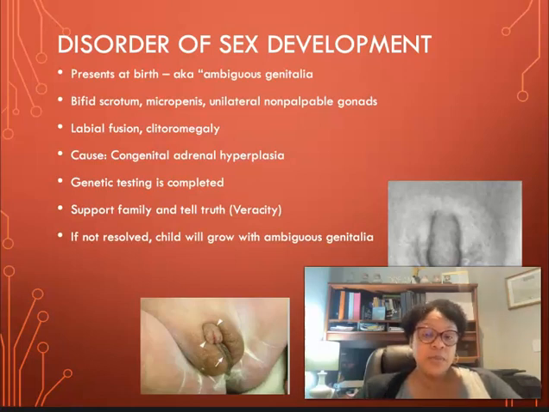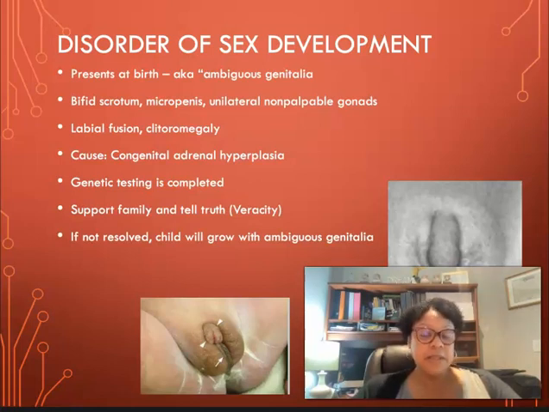There have been times where the tests came back with some genetic anomalies, and the families had raised a child as a girl or a boy and got genetic tests later on. It's hard to do hormone tests, which we like to do in addition to genetic tests, but we can't do them right after birth. So the final conclusion happens a little bit later.